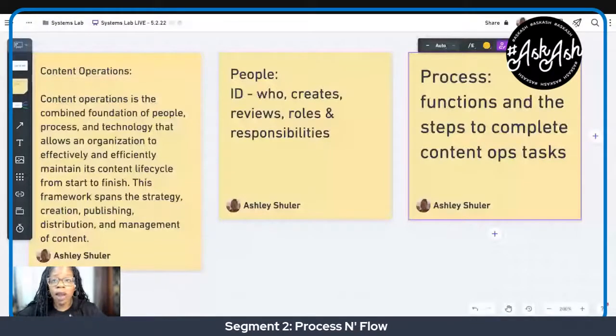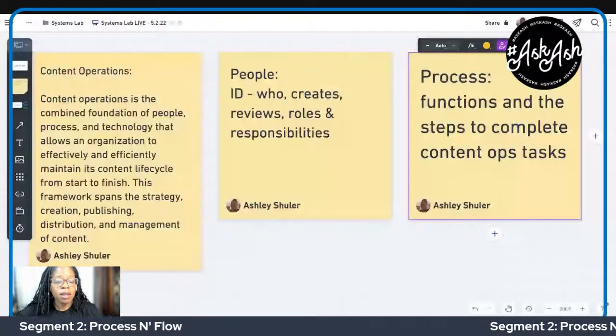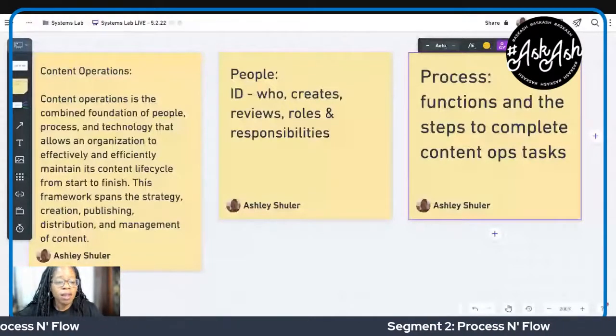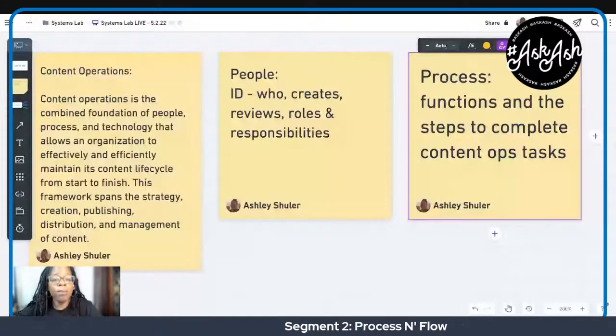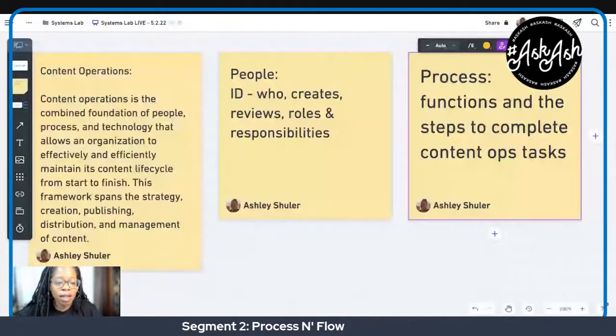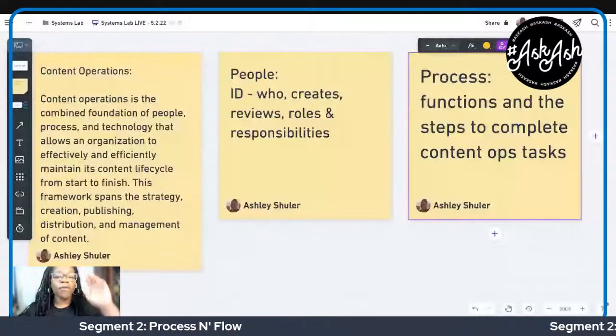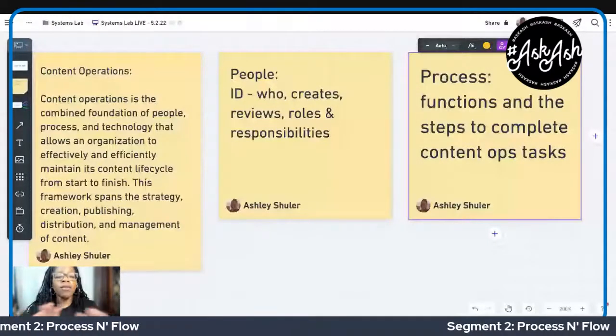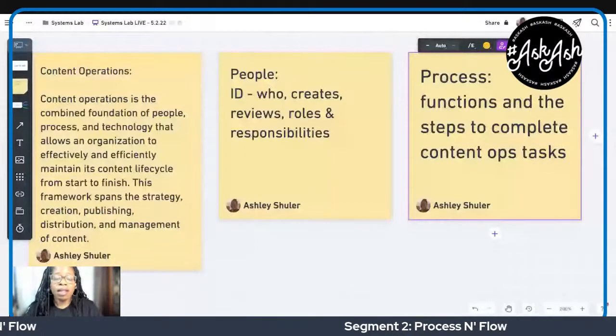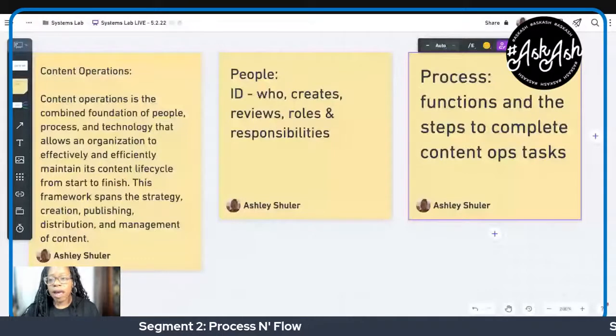The copywriting piece of it, the review process, the publishing, and the distribution, and then the analytics. That was just, off the top of my head, giving you a process guide.